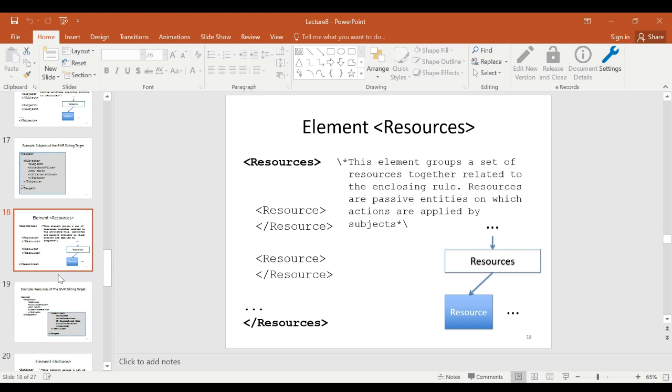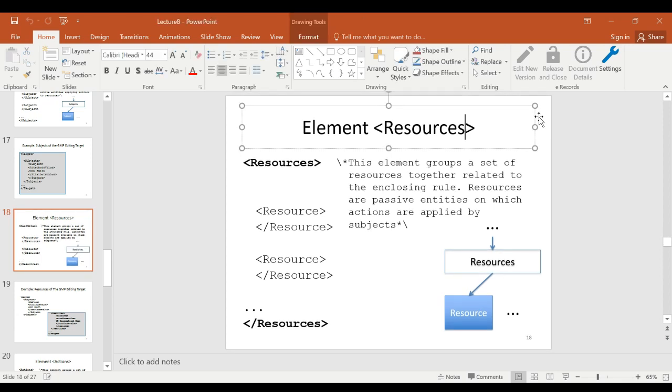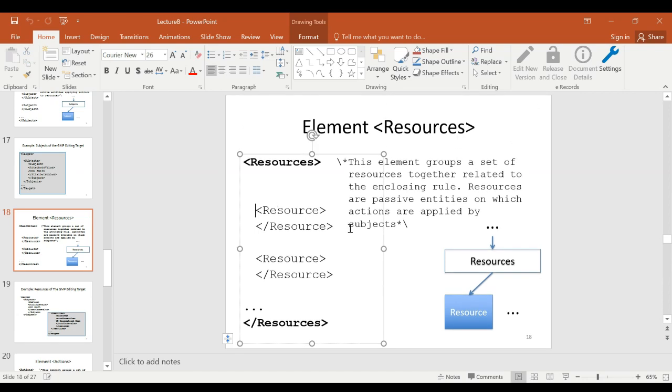Resources is pretty similar. Again, notice it's resources in plural, and the reason is because you may want to use your rule here to control not just one resource, but to control access to multiple resources.